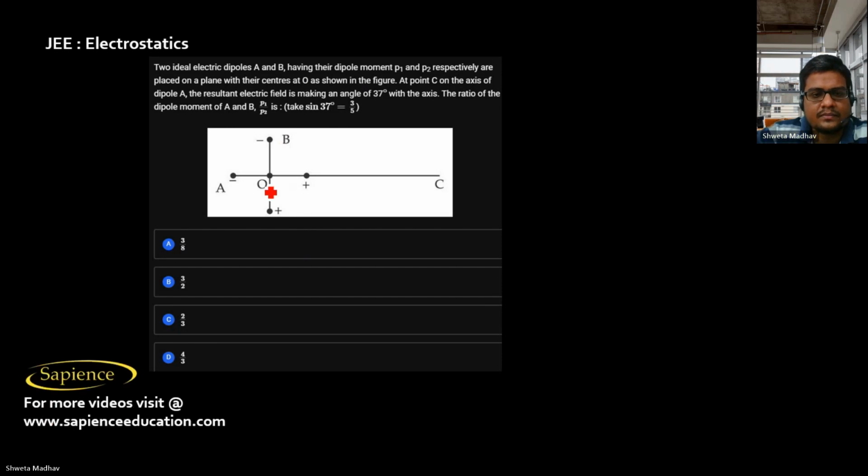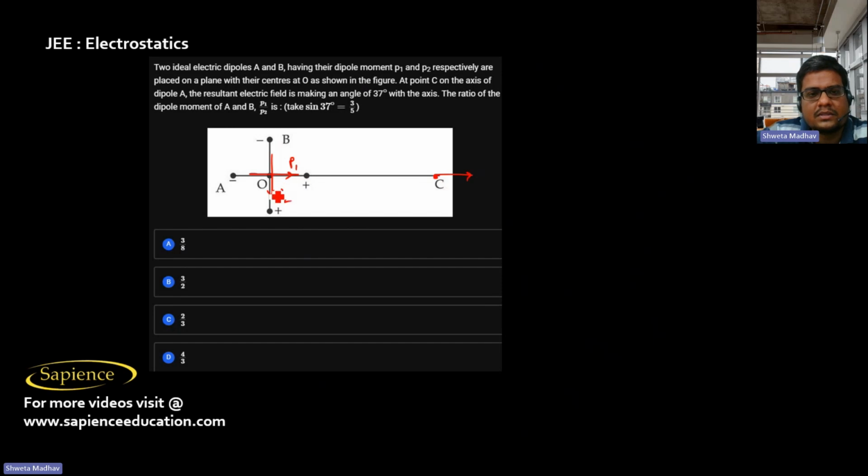So here, this is the dipole moment P1, this is the dipole moment P2. Now the point C is placed on the equatorial plane for P2 and on the axis for P1. So here it will have an electric field.